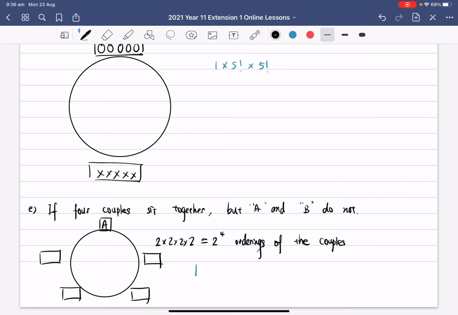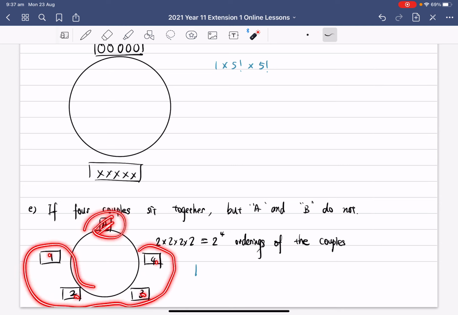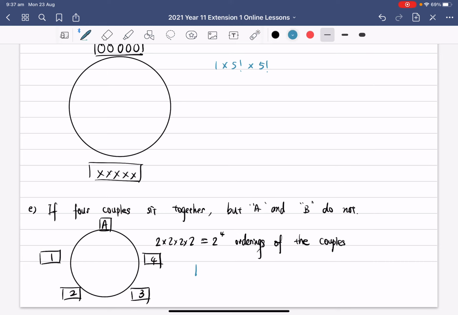Now, these 4 couples can be rearranged, of course. This is couple number 1, that's couple number 2, 3, and 4. Couple number 1 can be sitting here, couple number 4 can be sitting there. So after we fix the first one, we have 4 factorial ways to rearrange those 4 couples. So we times by 4 factorial.